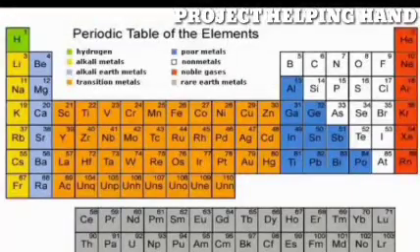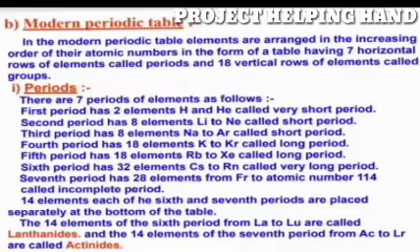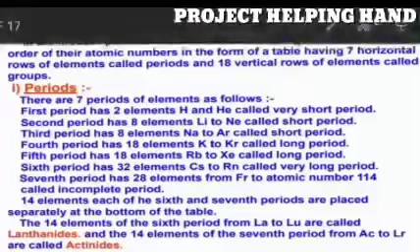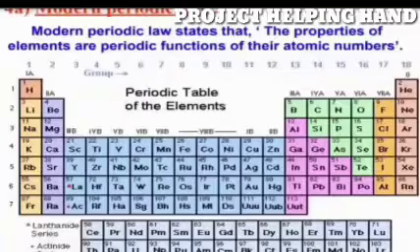Because of all those defects, one very great scientist, Henry, came up with the modern periodic table, and now we are going to study it. This is the modern periodic table. It is very similar to Mendeleev's periodic table.